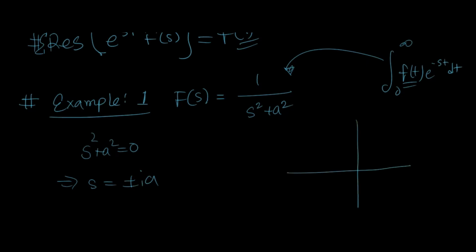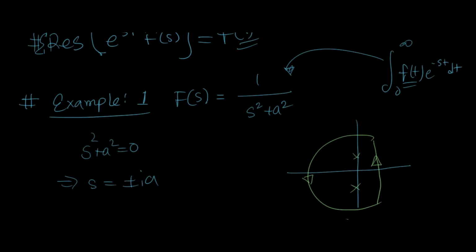If you draw the Bromwich contour, which is really not necessary, but just for visualization purposes, let's say this is i, this is minus i, and you close it like this, anti-clockwise, a positively oriented contour.